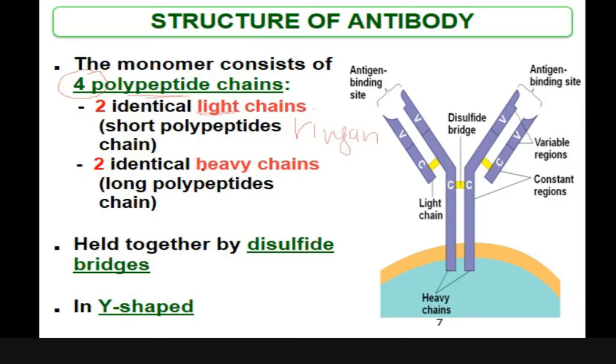And 2 heavy chains. Yang heavy ni of course lah yang besar lebih berat daripada yang kecil. This is the light one. This is the heavy one. So you have to be able to identify which one is heavy chain, which one is light chain. Both heavy and light chains are held together by disulfide bridges.